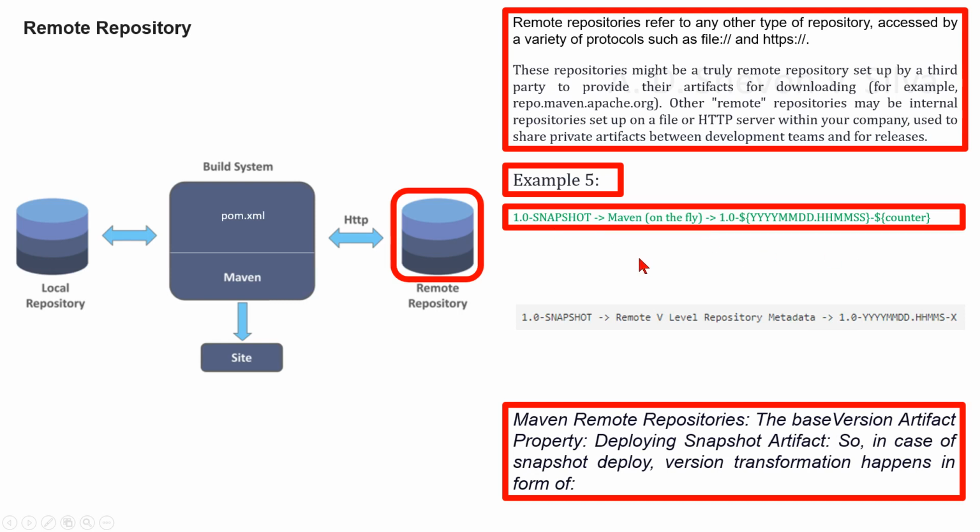In case of snapshot deploy, a version transformation happens, where the date in UTC time zone, in YYYYMMDD.HHMMSS format, is constant across deploys from the same session.